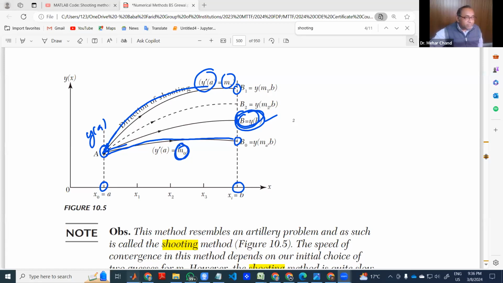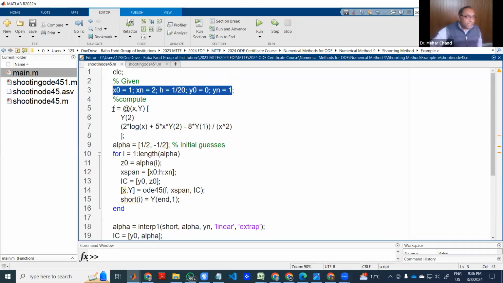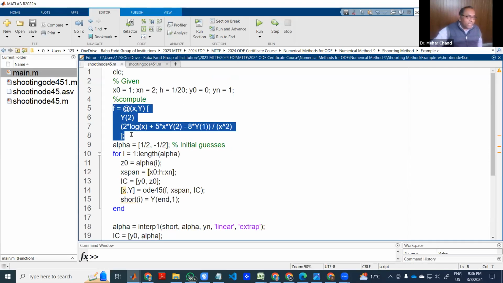What you will do is some more examples using this code. You will choose your own example, and you need to change only the initial value and this function. Okay, the rest of the other part will be the same, only your problem will change.